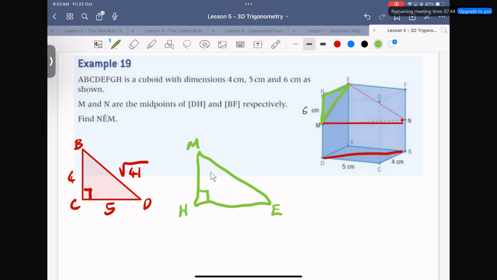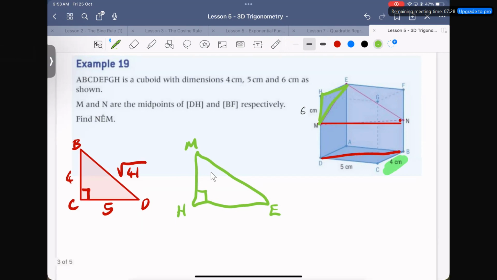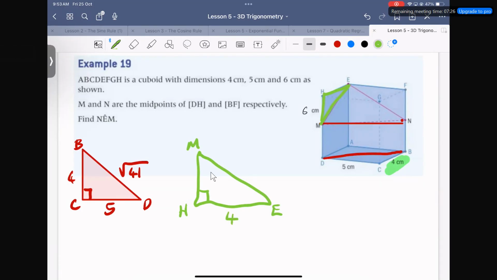HE must be the same as this side here, so that one's a 4. Whereas HM is half of the 6, so that one's going to be 3. This is a 3, 4, 5 triangle. I've got that one.